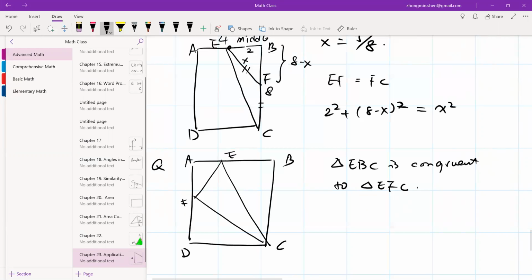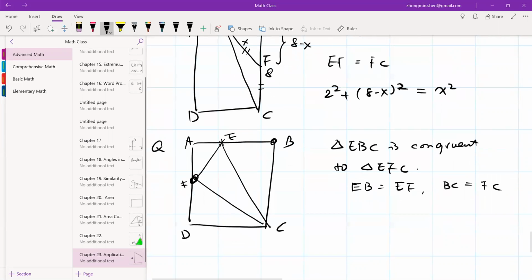So EFC means at least EB equals EF, and BC equals FC. So you just fold the paper so that this point touches that point. That's it, right? So that's why you get identical triangles.